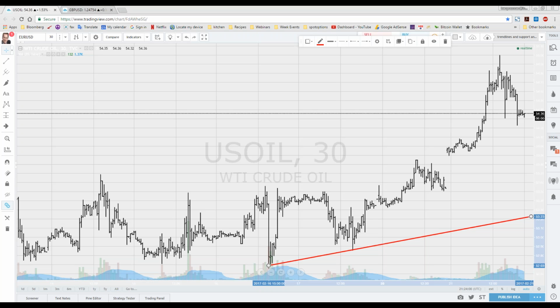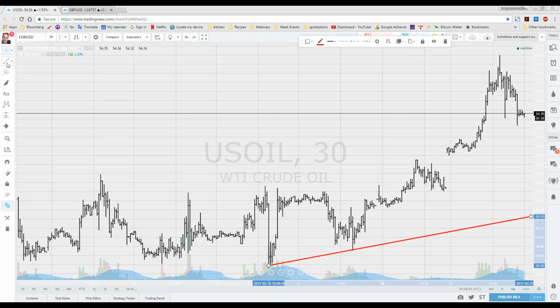Now, the fact is you can have what's called long-term, medium-term, and short-term trend lines. So even though this is the correct trend line, it depends on how you're trading. So in this trend line, you could have a medium-term or shorter-term uptrend or downtrend.